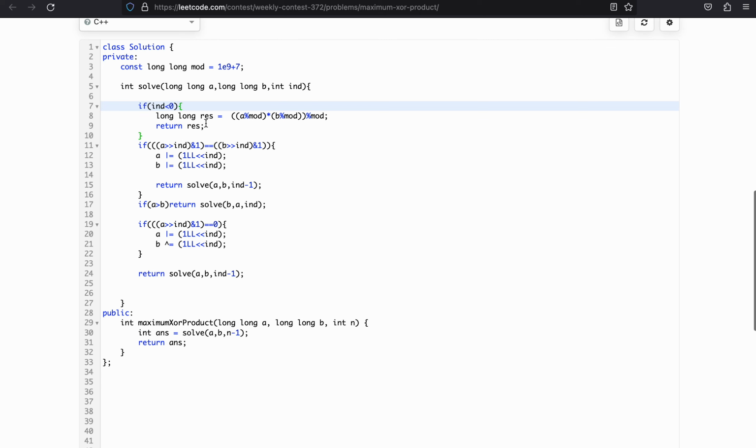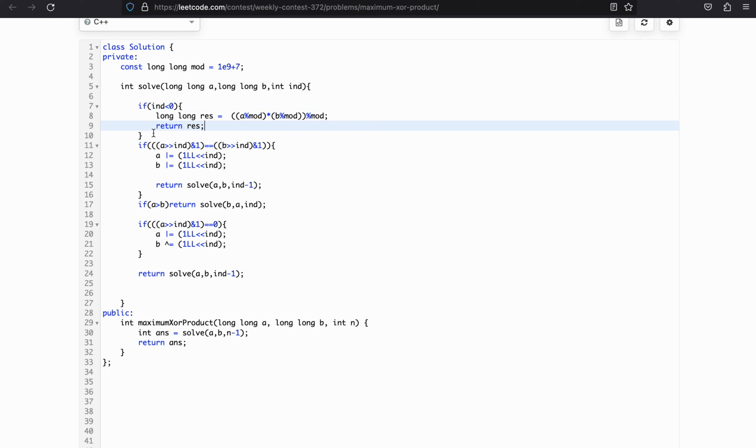In the leftmost bit, we check if the bit index is less than 0, that means we have iterated all the bits in a and b, so we return the answer. We take a into b modulo, and we return the result.